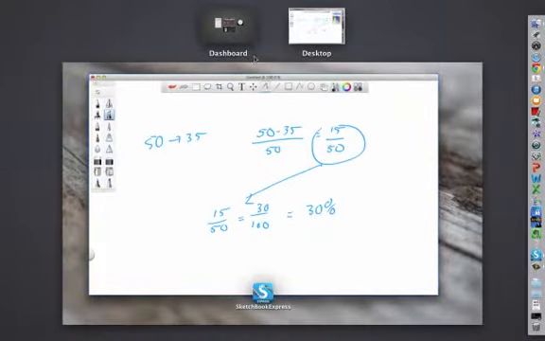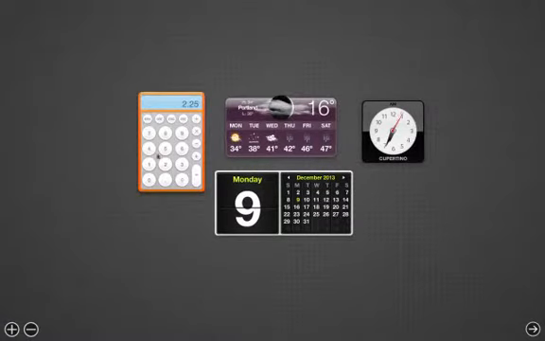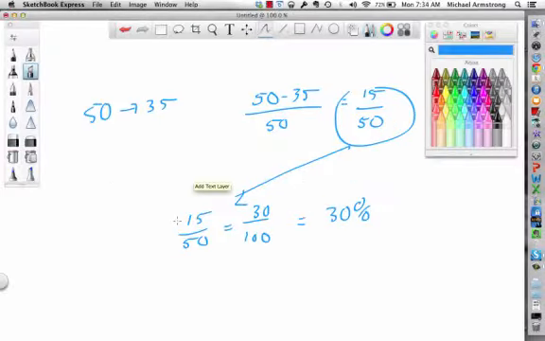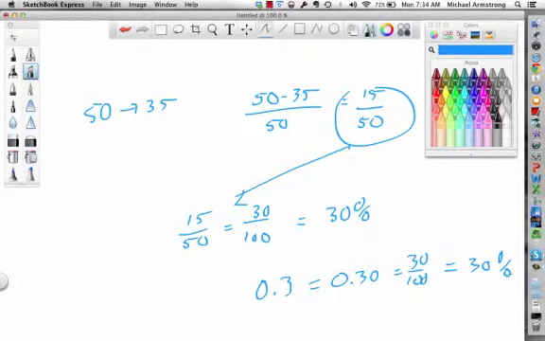If we went ahead and did that on a calculator, 15 divided by 50 is 0.3. And 0.3 is the same as 0.30, and that's 30 hundredths, which is 30%. Hopefully that all works for you.